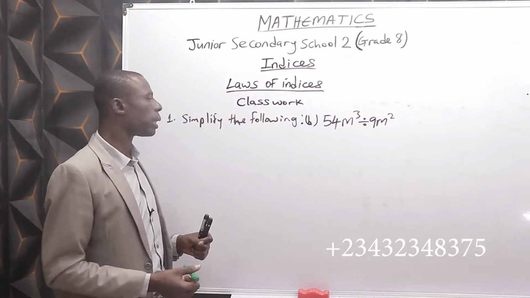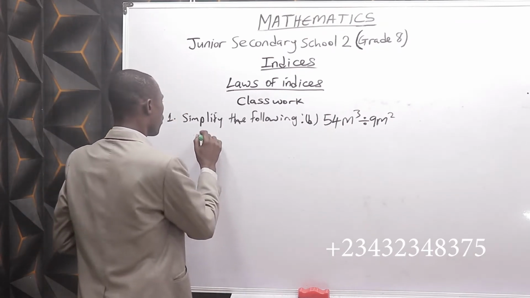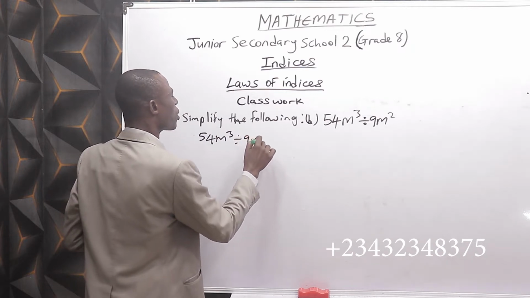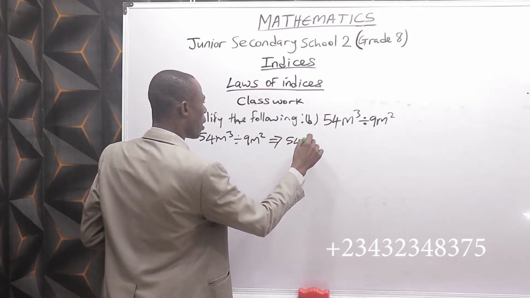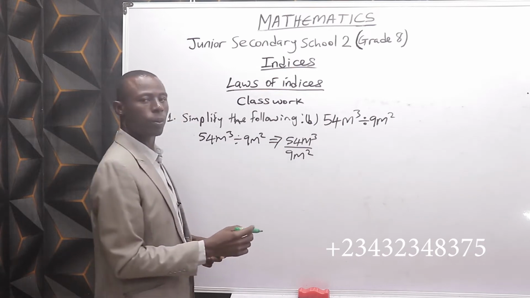Let's look into the B part of the same classwork. 54m raised to power 3 divided by 9m raised to power 2 could be expressed as 54m raised to power 3 divided by 9m raised to power 2.